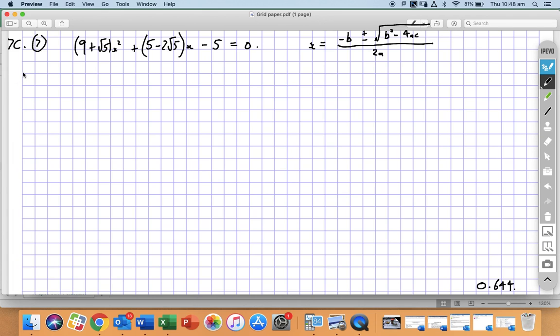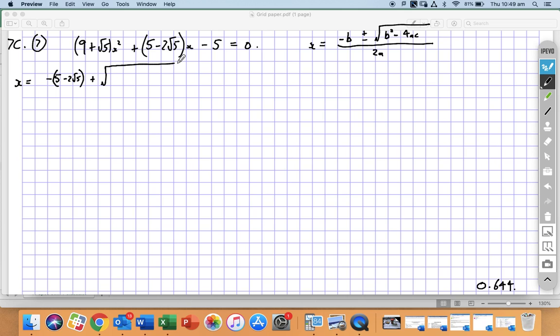But things are going to get a little bit ugly, if you will. We're going to have minus (5 − 2√5). So that's a minus b term here, plus the square root of, it's going to end up being quite a big square root, I think, b squared. There's my b term.